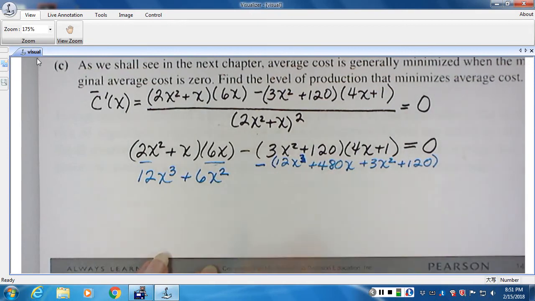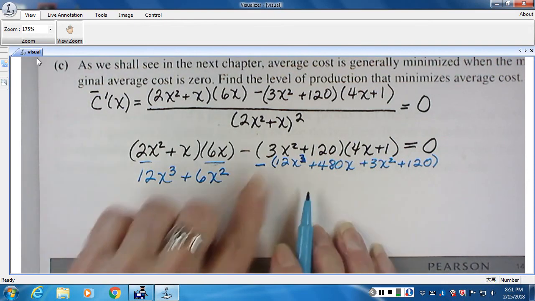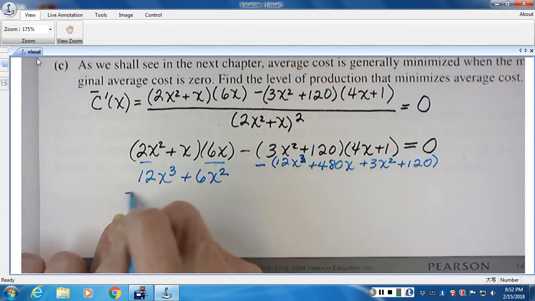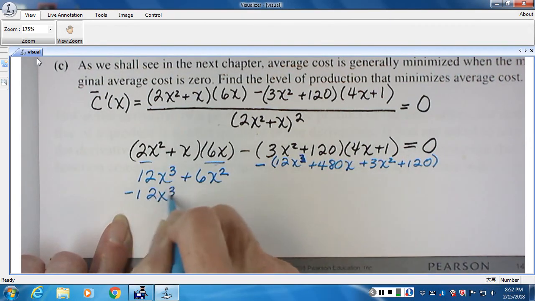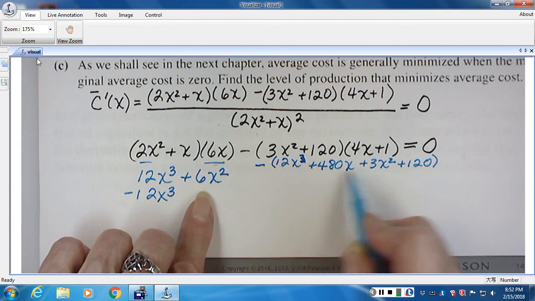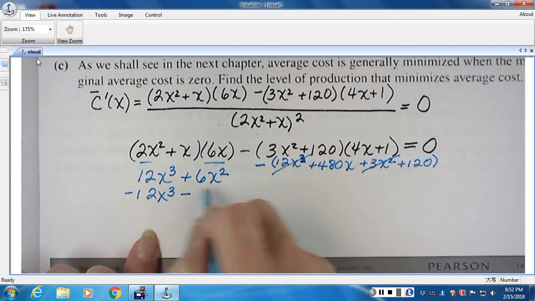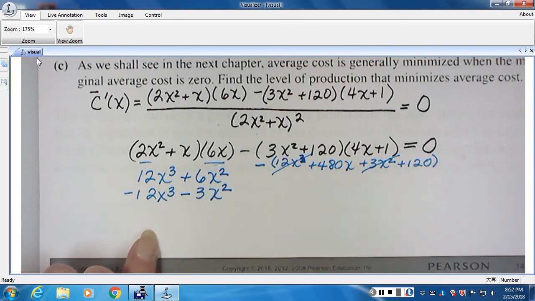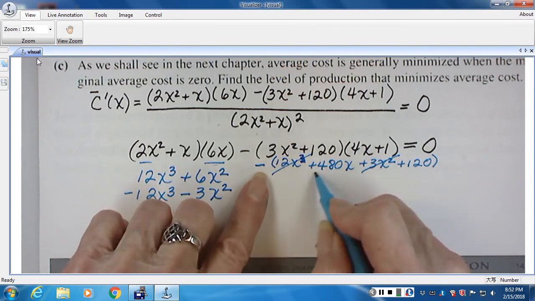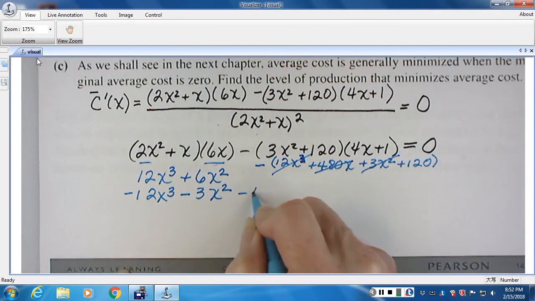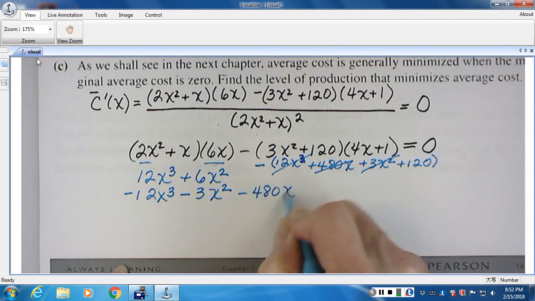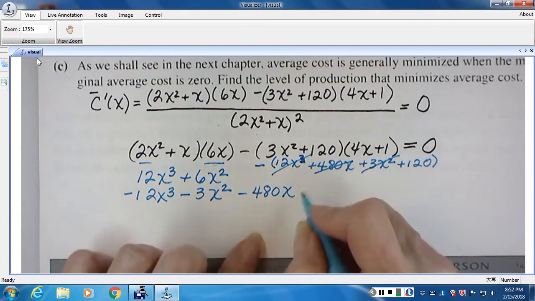But I'm going to subtract all of those, which means I need to change all those signs before I combine with the rest of this. So that's going to be minus 12x cubed and minus 3x squared and minus 480x and minus 120.